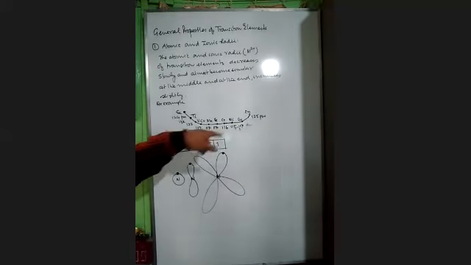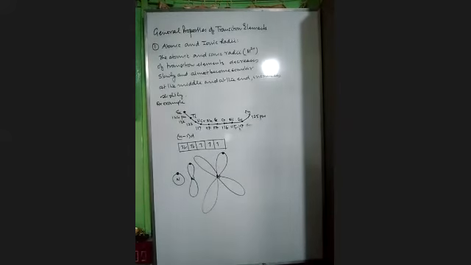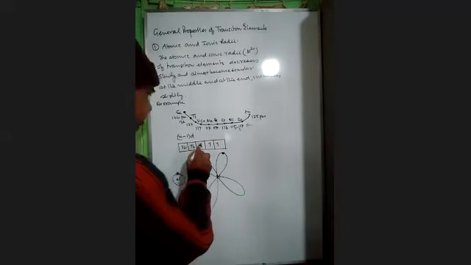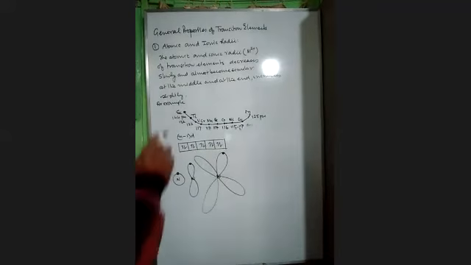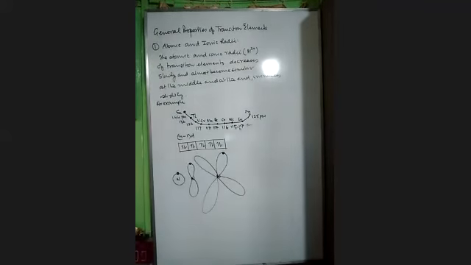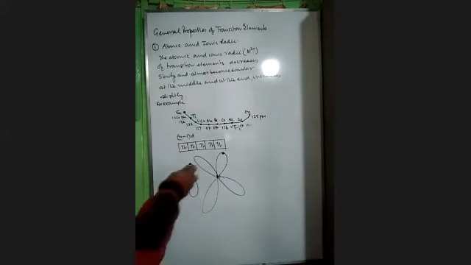One, because of higher effective nuclear charge or improper screening by the d electrons, the atomic radius decreases. The second factor is the inter-electronic repulsion between the d orbitals. The two forces are opposite to each other, so that leads to stability in the atomic radii. And ultimately, in the case of zinc, all the orbitals are filled up. They have maximum repulsion, so the radius increases. Okay? I feel I could make you understand. So let me write.